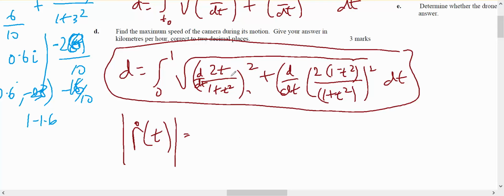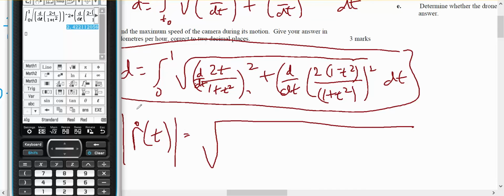So I know that my velocity will be the square root of the inside here, because this will be the derivative of displacement, which will be position.